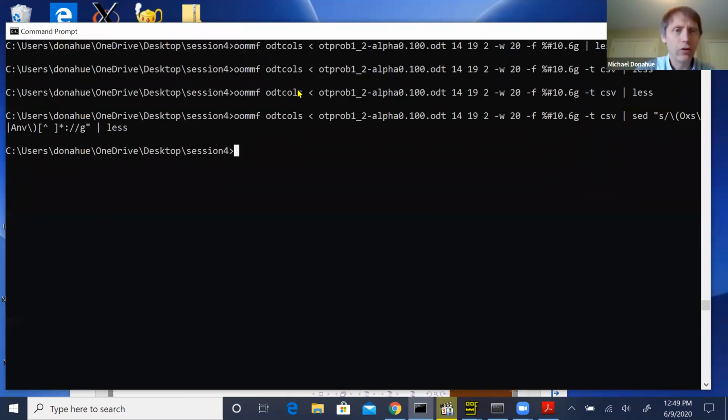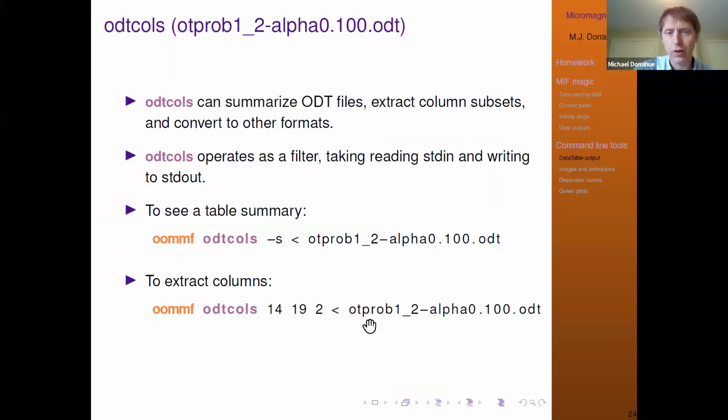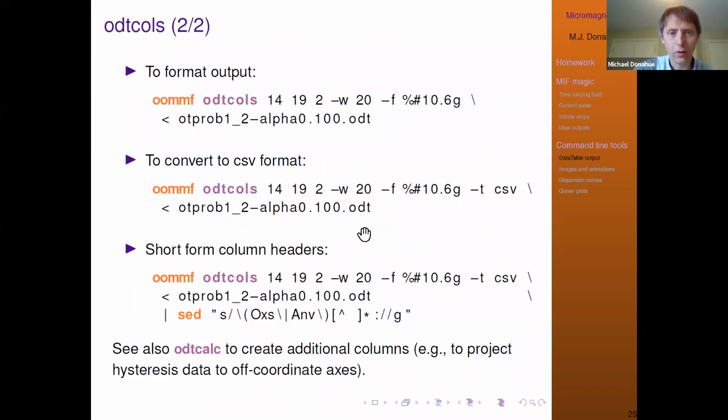Okay, the next thing I want to talk about, let me just go back to my slide deck. Those are just here on this slide deck. I just gave you the commands. Miss anything? No. Oh, in addition to ODT cols, which can pull out particular columns from your data table, there's another application called ODT calc, which takes existing data and produces new columns.